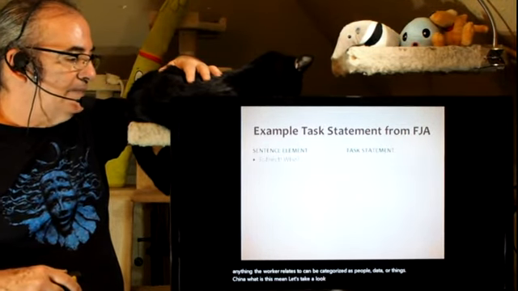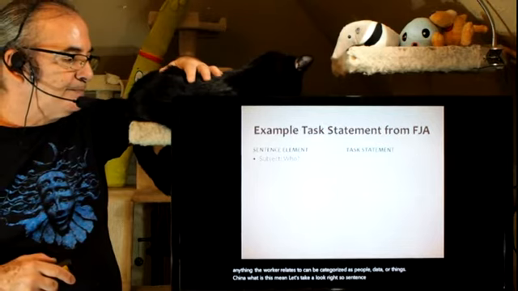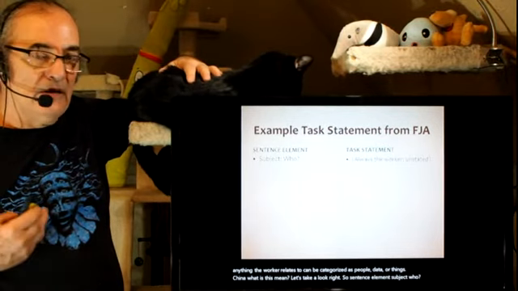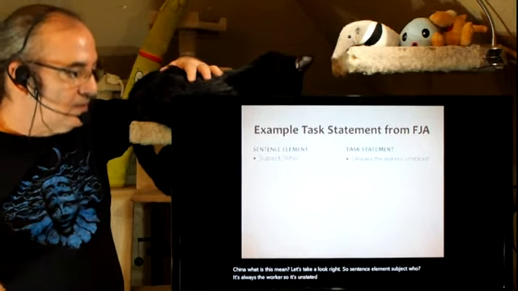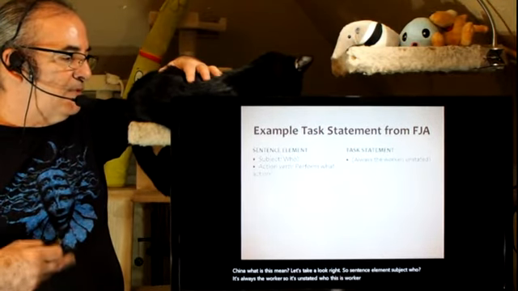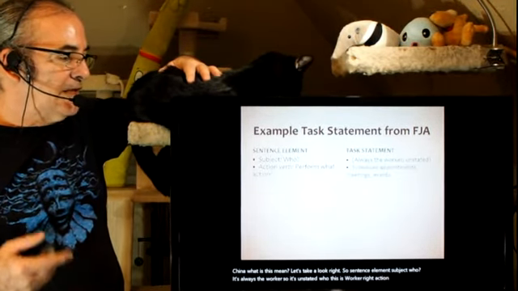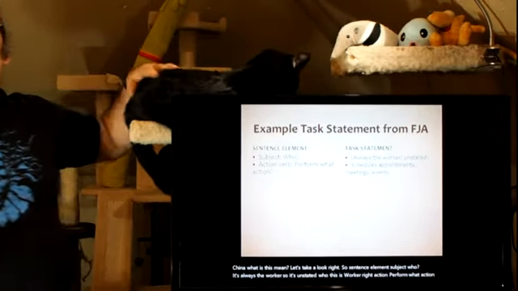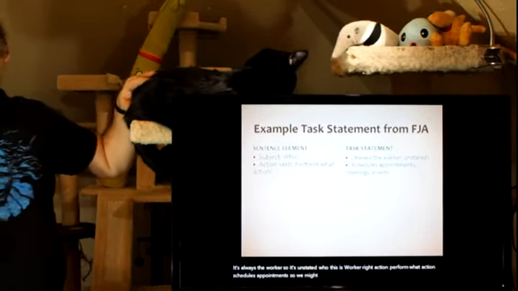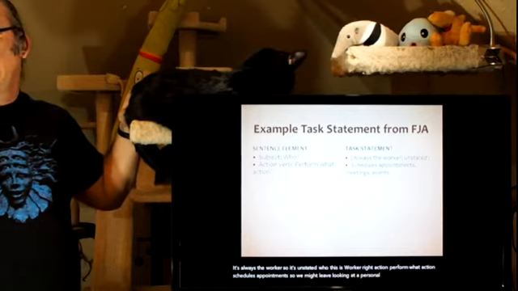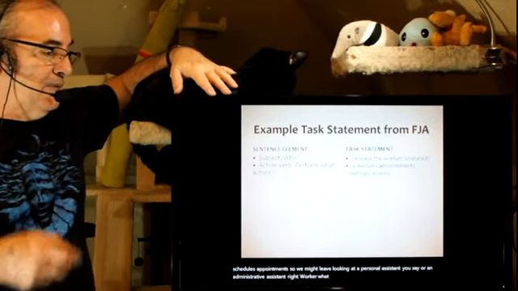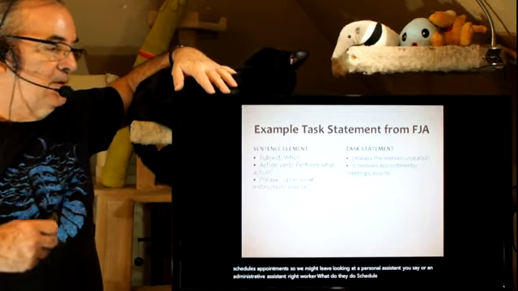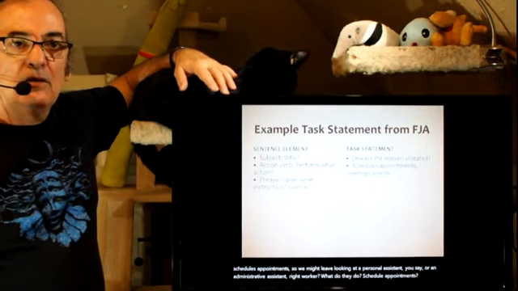So sentence element, subject, who? Well, it's always the worker, so it's unstated. Action verb, perform what action? Schedules appointments. So we might be looking at a personal assistant or an administrative assistant, right? Worker schedules appointments. But when? Or why?